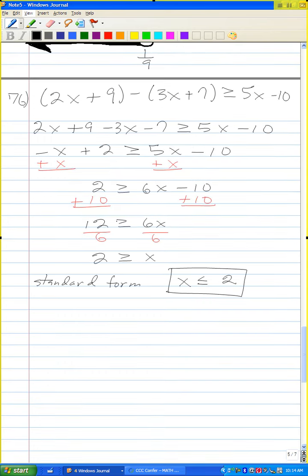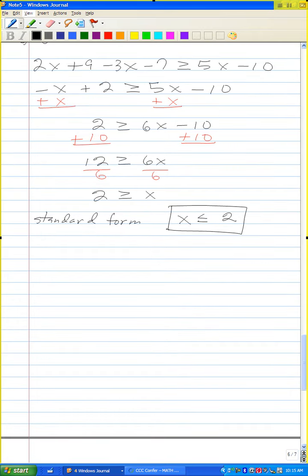So notice that this is the closed interval from negative infinity to 2. And so let me graph this.